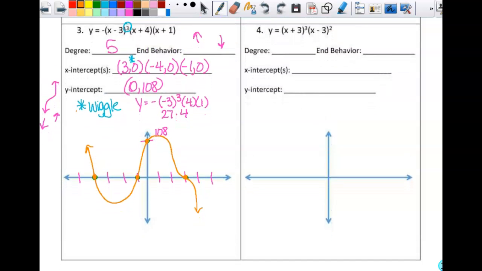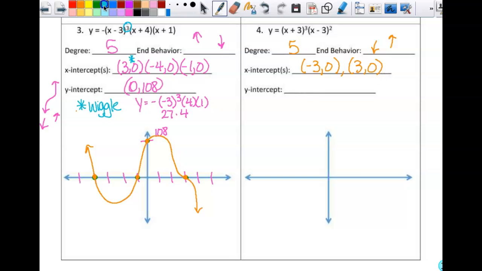So let's go through number 4. So y equals, what's the degree here? 5. This is odd, so what's my end behavior? Down, up. My x-intercepts are (-3, 0) and (3, 0).